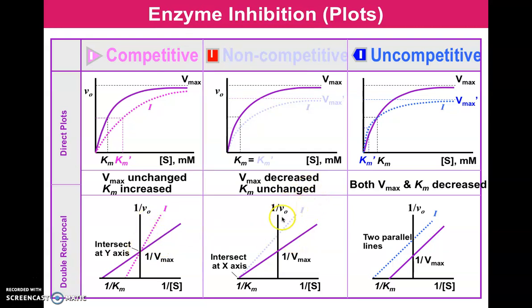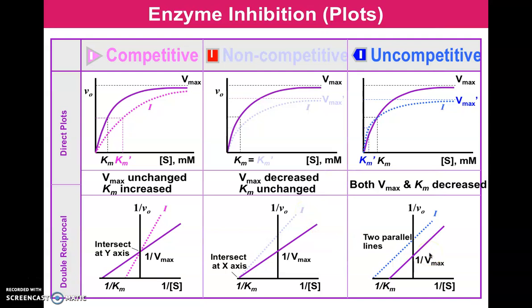And when you plot the similar graph, 1 over V0 versus 1 over S, you will actually not have similar y-intercepts or similar slopes. So this plot will show you that this is for a non-competitive inhibitor. The I represents the non-competitive inhibitor.